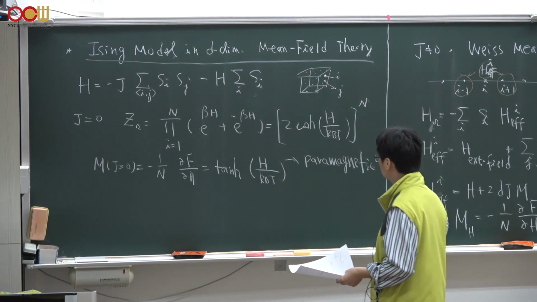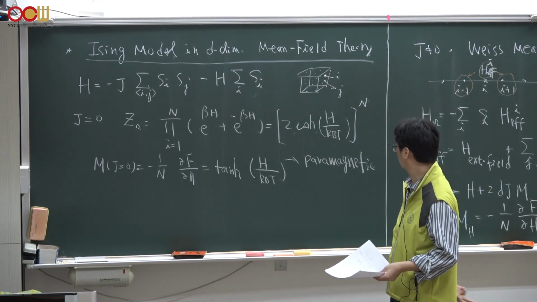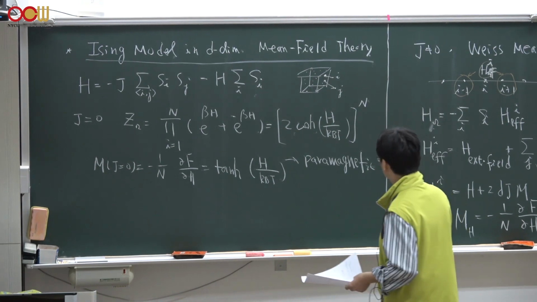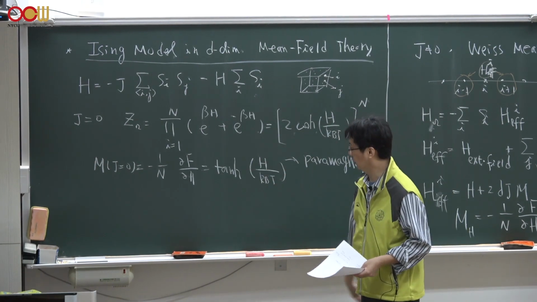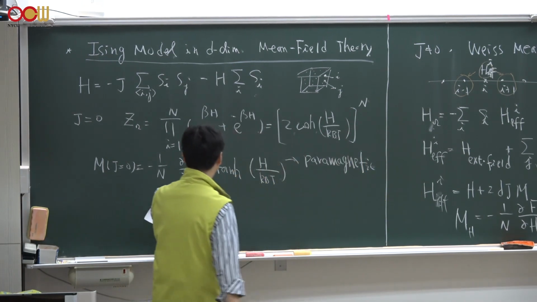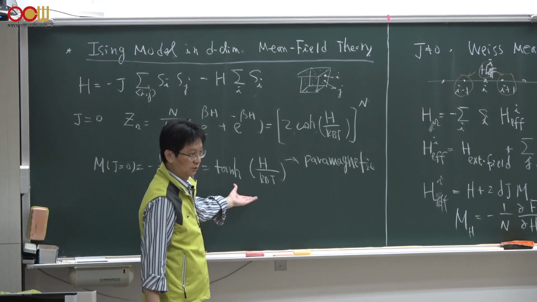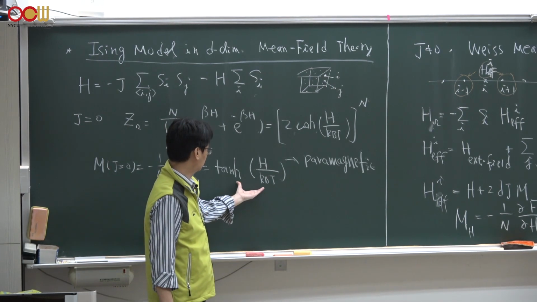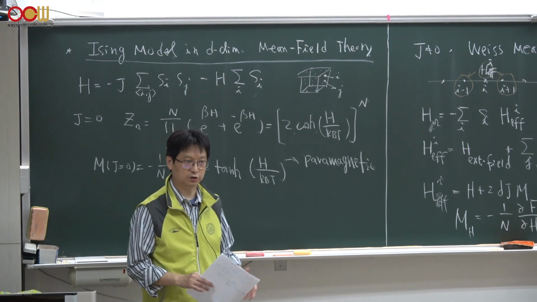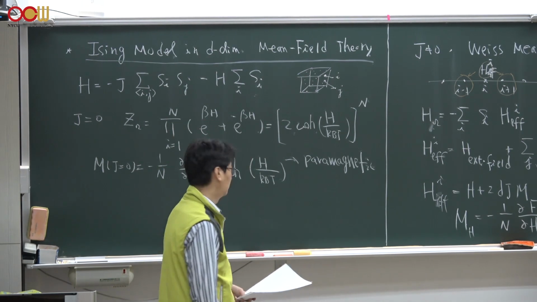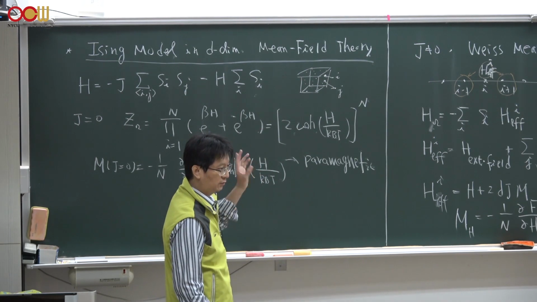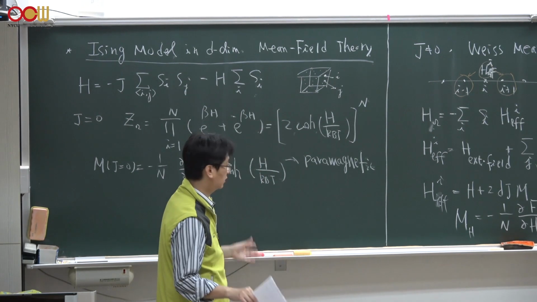It is 2 hyperbolic cosine of h over kBT, where h is the external field, to the power of N. If we take the derivative of the free energy with respect to the field, you get a paramagnetic response of the magnetization to the external field, which is hyperbolic tangent of h over kBT, which you know from thermal physics or solid state physics. So this is just a bunch of free spins which are not interacting.